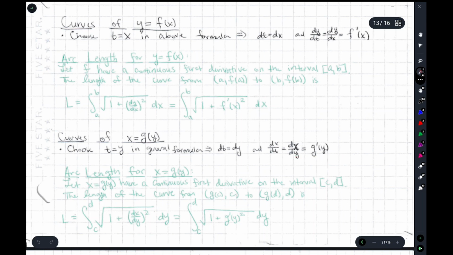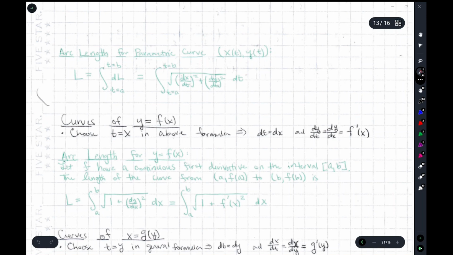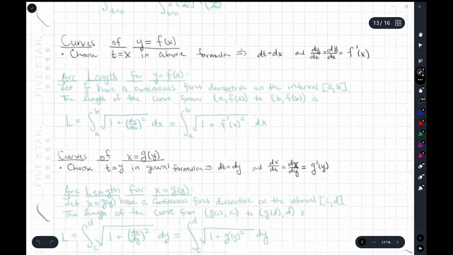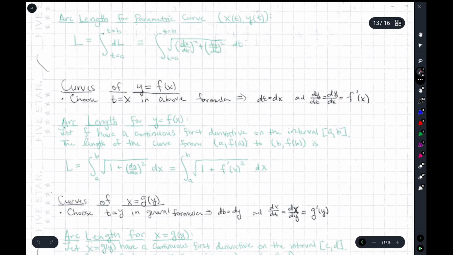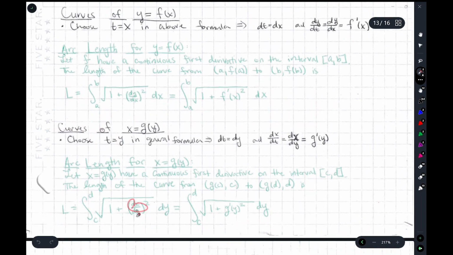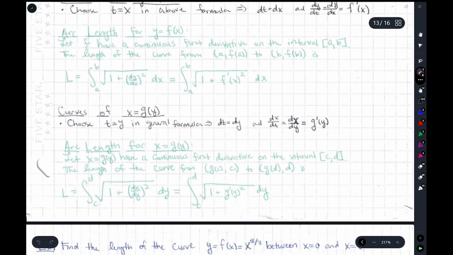And again, looking back at that more general formula, here we'll have dy/dt is just dy over dy, because t equals y, and so that's 1, and that's where that 1 is coming from. And dx/dt becomes dx/dy, and you get that final formula there. And this gives you the arc length of a curve that's described as a function of y. So x is the output and the input is y.